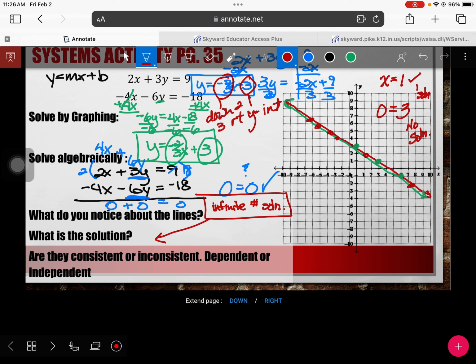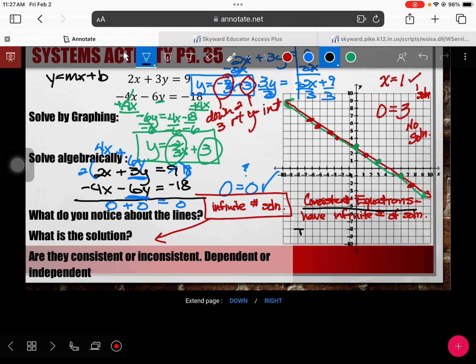Are they consistent or inconsistent? Okay, this is time for a definition. So somewhere at the bottom, we need to write: consistent equations have an infinite number of solutions. Consistent equations, infinite number of solutions.